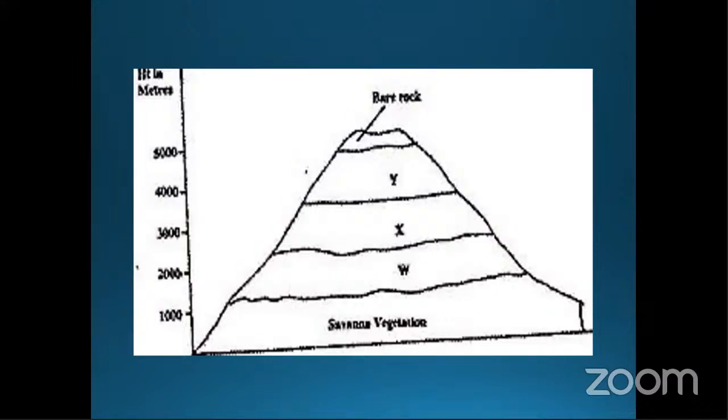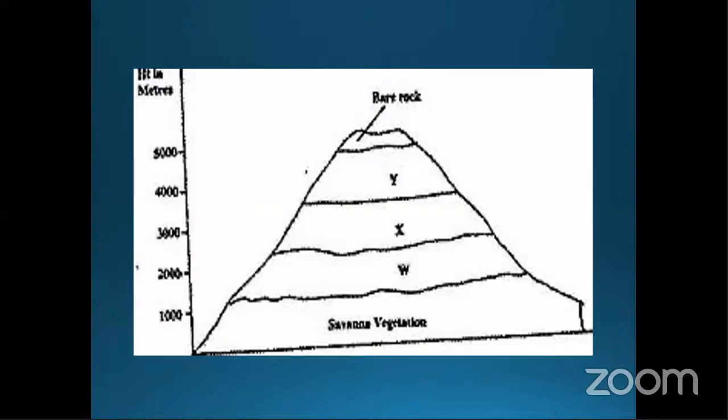And I told you, with savanna vegetation, we have savanna grassland. There is both short grass and tall grass. So this is the type of vegetation that you will find at the bottom of the highland.